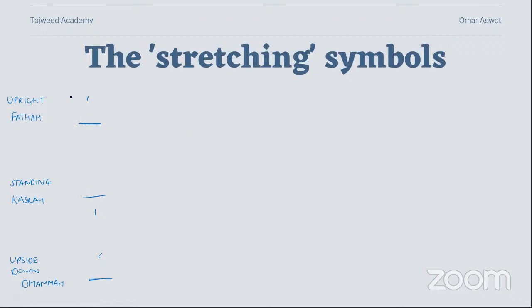What do we mean by stretched? Upright fatha will make the aa sound. Aa, baa, daa, jaa. So you're stretching for the duration of 2 alifs.